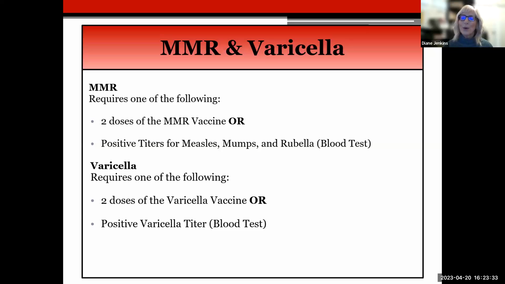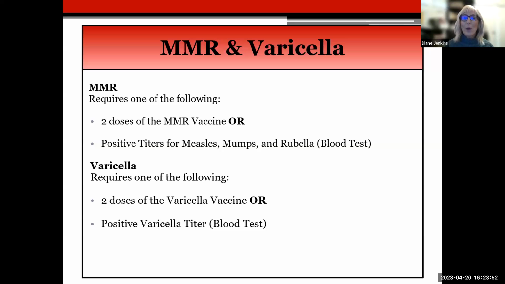So why do we need that? If you were ever exposed to measles, mumps, and rubella and you have positive titers that will fight that off, then hopefully if you are exposed, you will not catch the measles, mumps, and rubella.